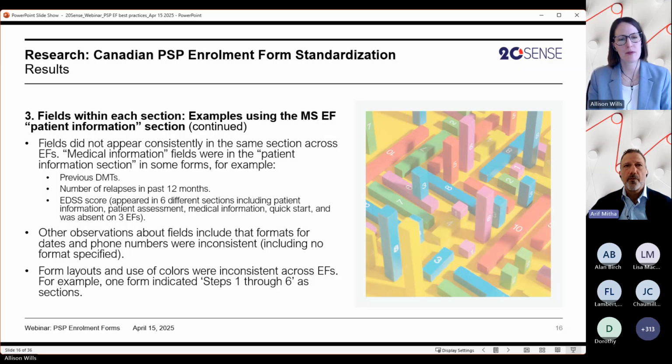And the last point there: form layouts and use of colors were inconsistent across forms. For example, one form indicated steps 1 through 6 as its sections. The key takeaway was that having fields that correspond to the section title, and only having those fields in that section, would be a good opportunity for standardization, making the form easier for the healthcare folks filling it out to go through.